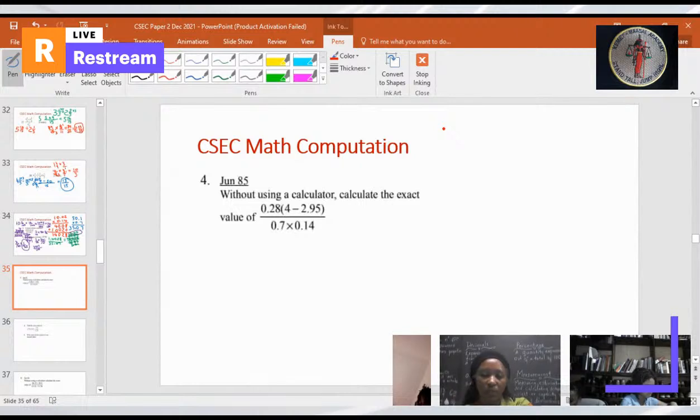So we need to work the bracket first, right? Yes, miss. All right, so we're going to have 4 minus 2.95. So how should I set that out? Miss, 4 minus 2.95, miss.